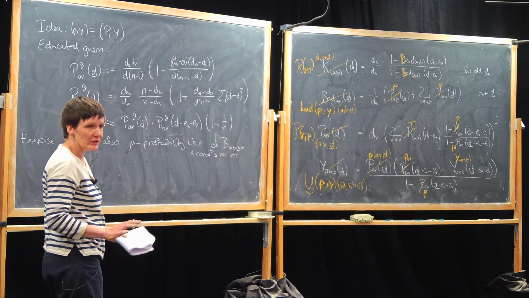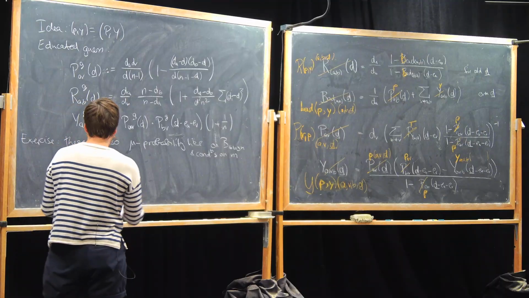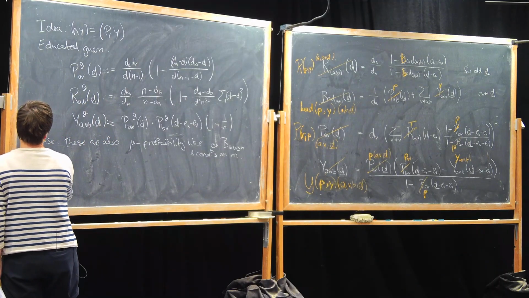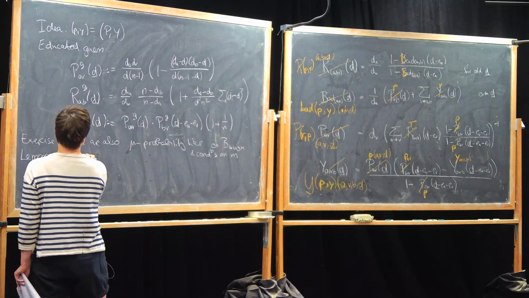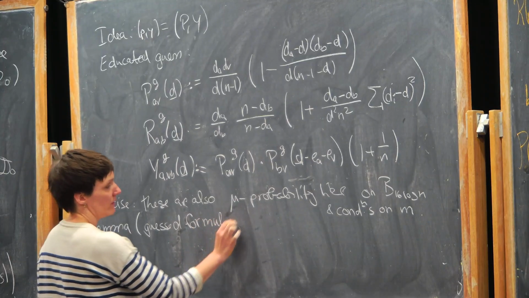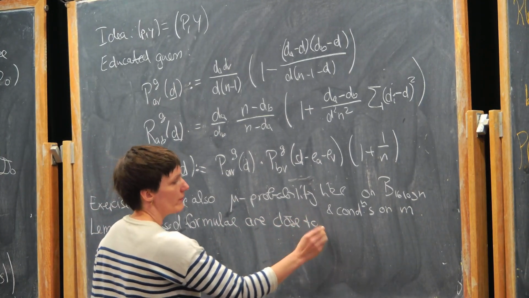I'm not going to do that calculation. That's a longer one. But let me write the lemma. So the crucial lemma here is that these guessed formulae are close to a fixed point.